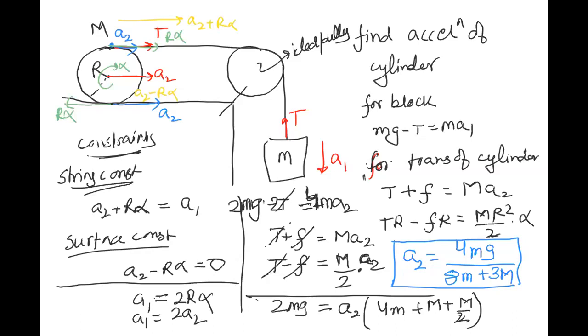I'll try to, if I can think, I'll try to prove that these string constraints come from the change in the length of the string. Okay?